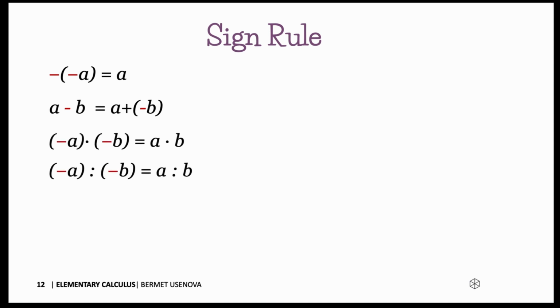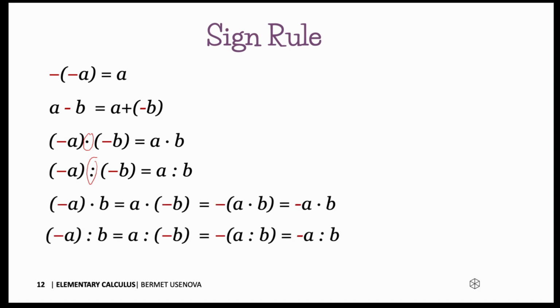In multiplication and division, two negative numbers result in a positive. Please remember, it's only true for multiplication and division. If we have two minuses, they just cancel each other and we get rid of them. But if only one element is negative, as in the example, the final result will always be negative.